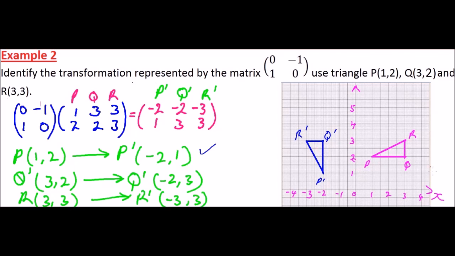And if you look at our triangle here, which is our object, the one that we started with, and its image, you can see there is a transformation that has happened.